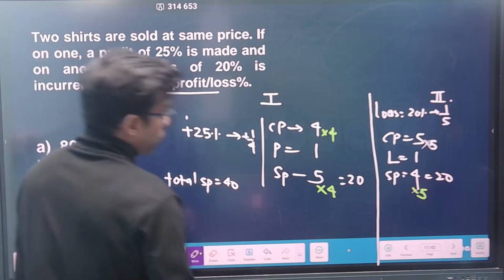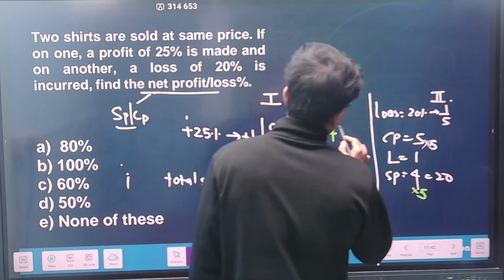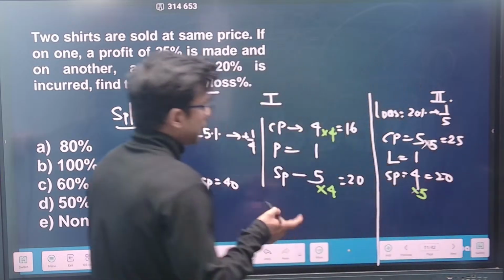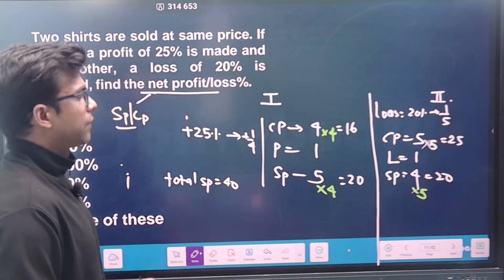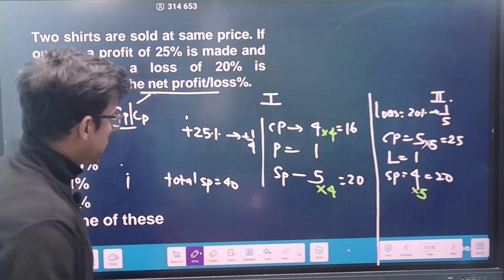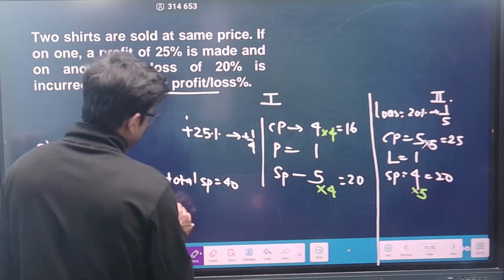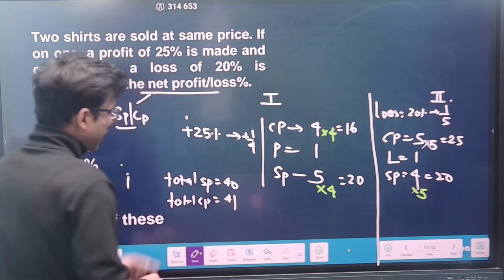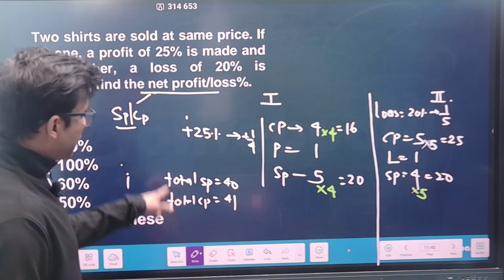What is my total cost price? Here it becomes 16 and here it becomes 25, correct? 16 plus 25 is 41. So I would say my total cost price is 41. So can you see the logic that there's a loss?